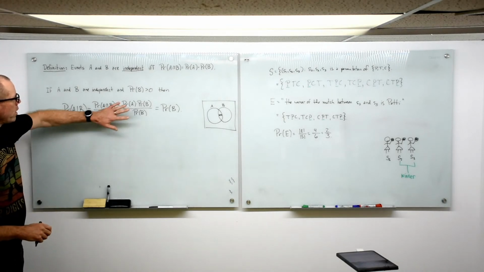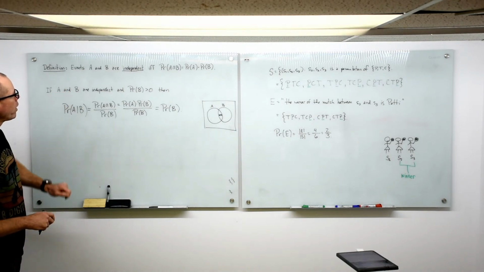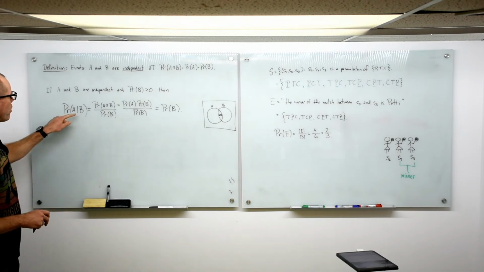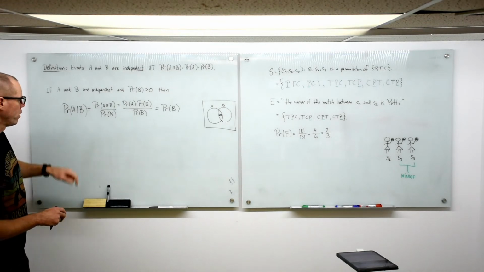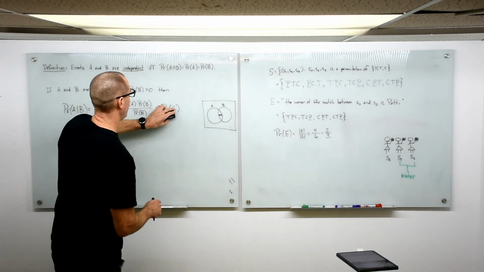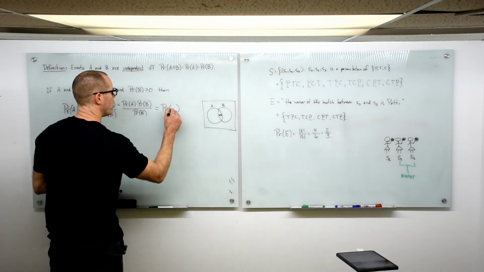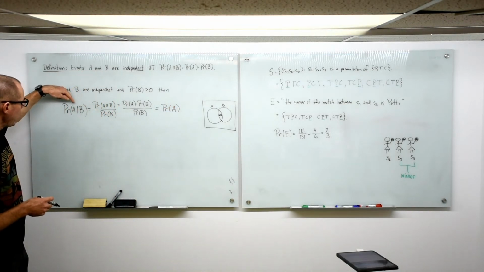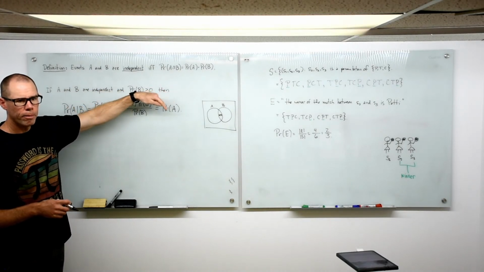So if we ignore what's in the middle here, then if A and B are independent and the probability of B is bigger than 0, then the probability of A given B is probability of A and probability of B, and the probability of B cancels out, so we're left only with probability of A. The probability of A given B is just equal to the probability of A.